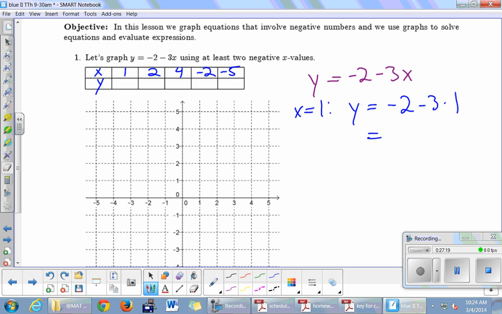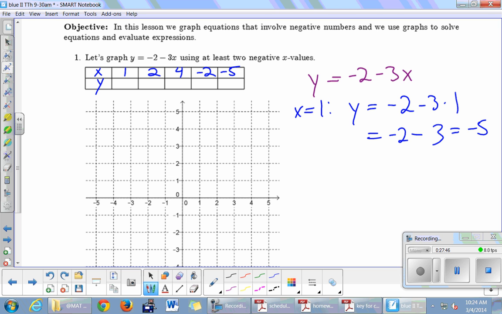Okay, wait a second. Which do we do first, the subtraction or the multiplication? Multiplication. So I'm going to copy the -2 and the subtraction, waiting for me to do the multiply. What's 3 times 1? 3. Now we do the subtraction, and this is -5. There are a lot of other numbers we might get besides -5. If we get any other number besides -5, it means we need to practice with our negative numbers.